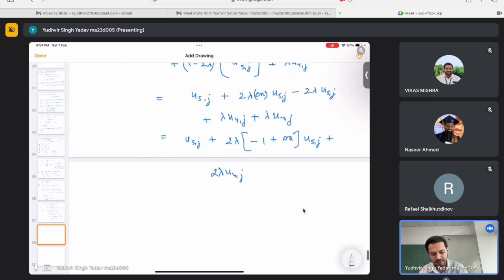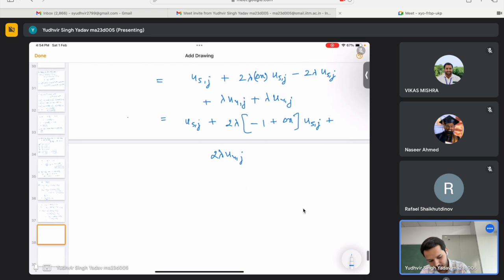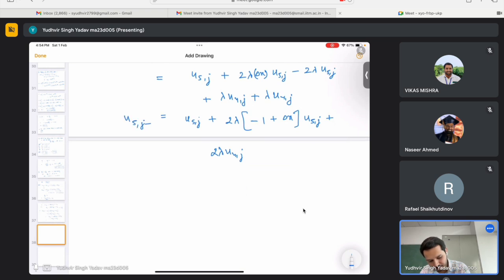So you can simplify it as this. So this is the required iteration at that point, that is u of 5 comma j plus 1.